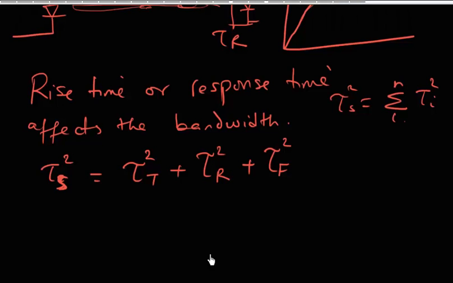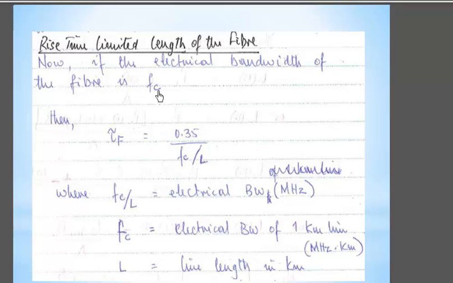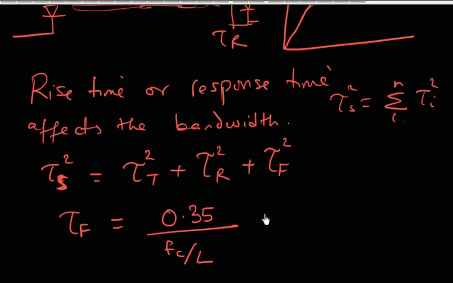So the rise time of the fiber cable, T_F, is 0.35 divided by F_C over L. Or you can write it as 0.35 L over F_C, same thing.